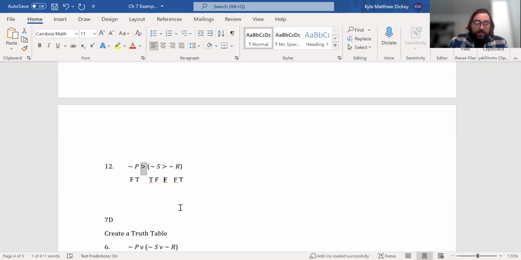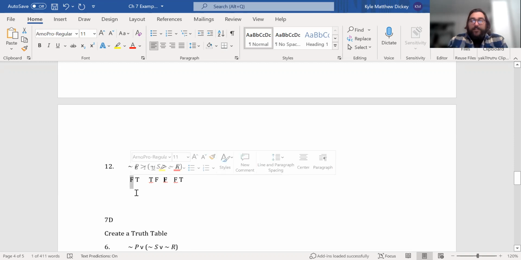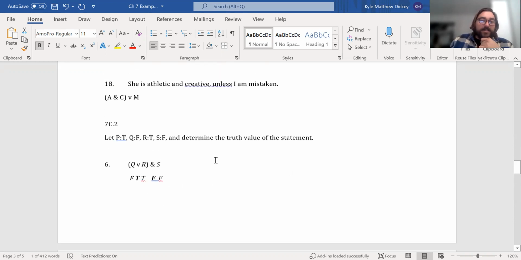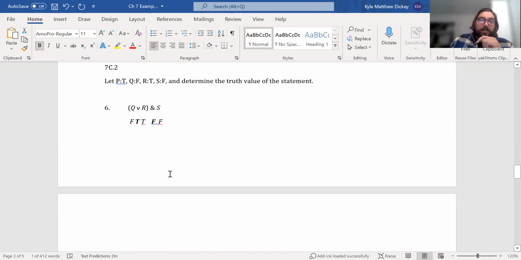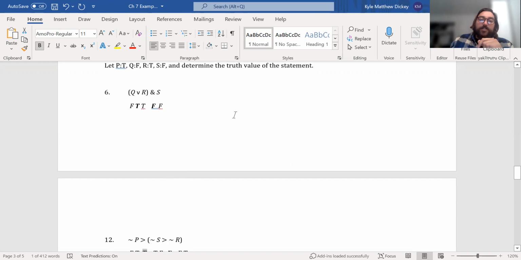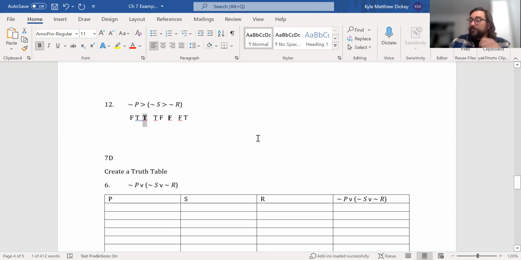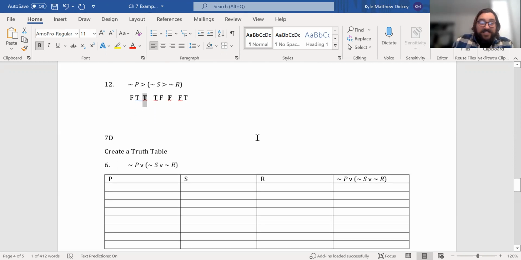Okay, well, here the antecedent is false. So perfect, it's true. The whole statement is true. Great. And we're done. That's how you do this section in 7C.2, using these truth values to calculate the more complicated truth values. All right, on to 7D.